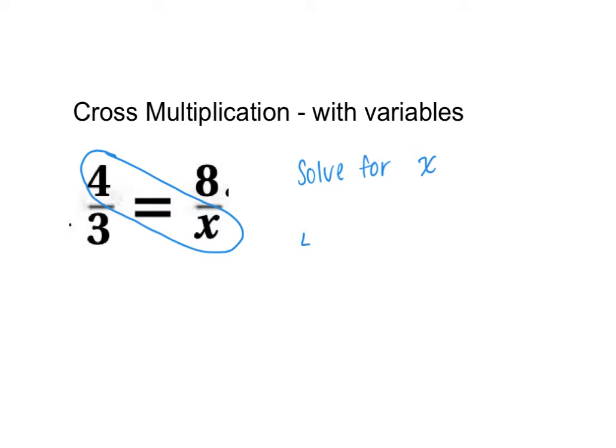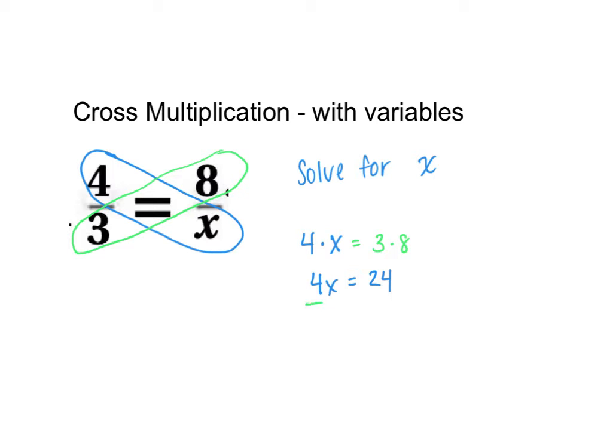This becomes 4 times x on the left, and the other cross multiplication is 3 and 8, so let's set that equal to 3 times 8. So 4 times x just becomes 4x, equals, and 3 times 8 is 24.